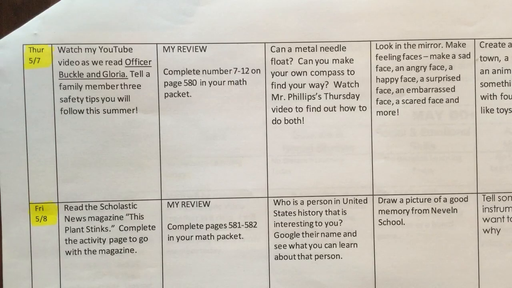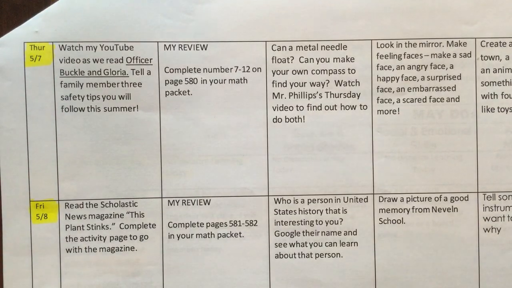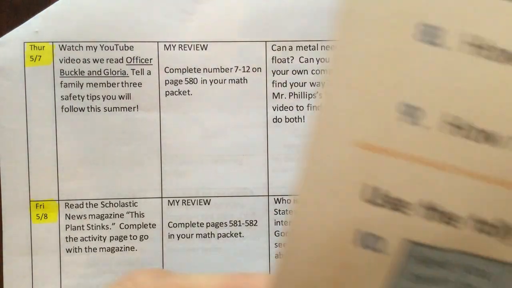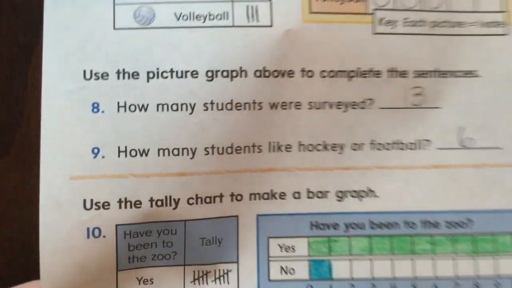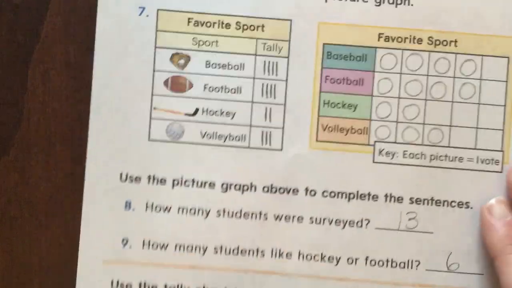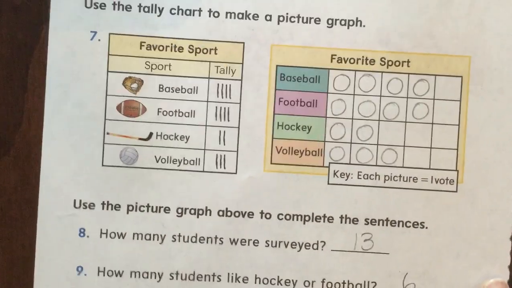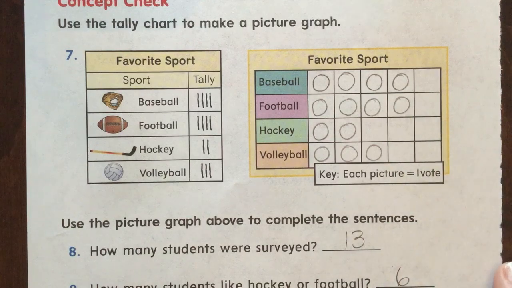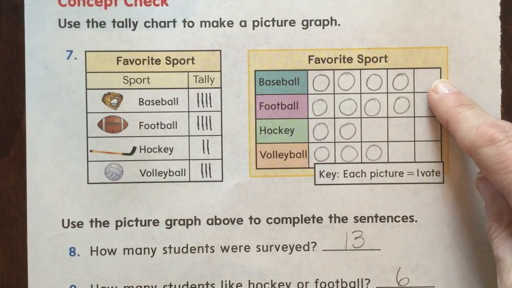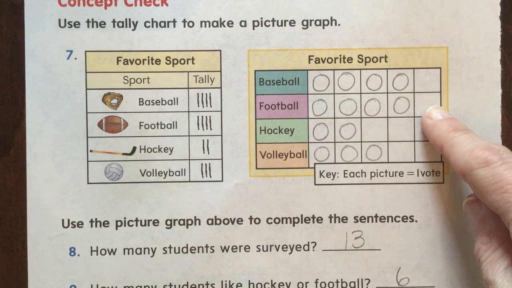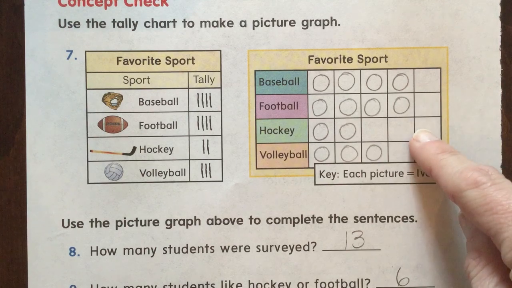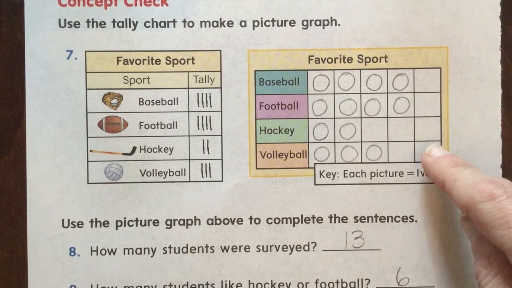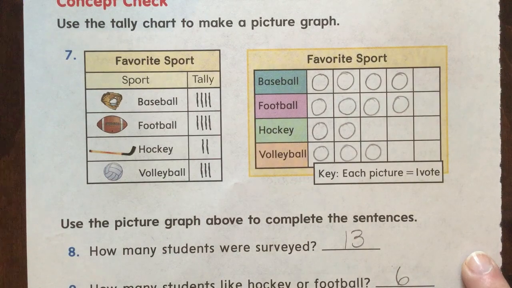Yesterday we did 7 through 12 on page 580. So we're going to go ahead and check those over. So number 7, you had to put the tally mark data over here to make a picture graph. So you should have had 4 baseballs, 4 footballs, 2 hockey, and 3 volleyball.